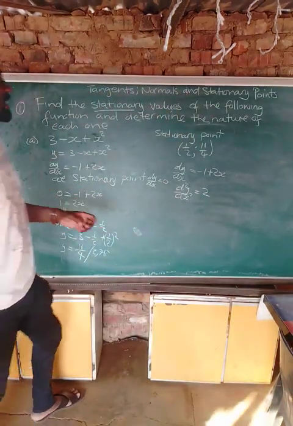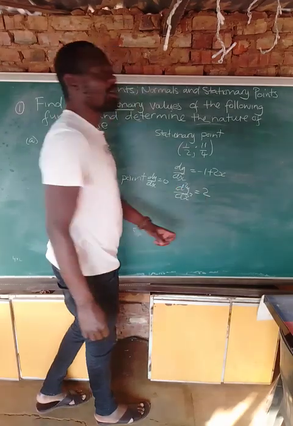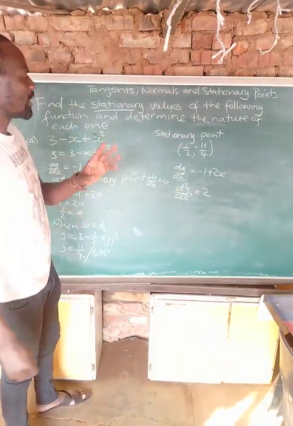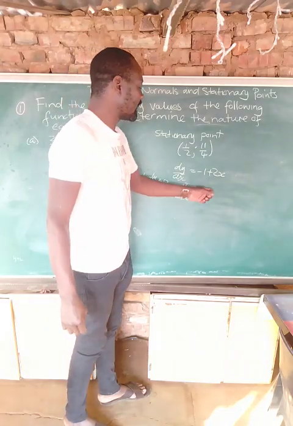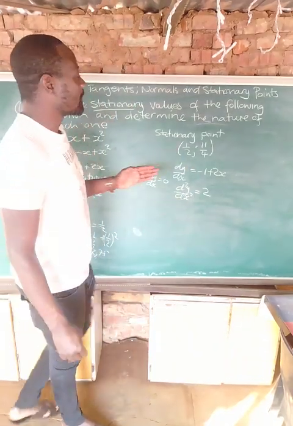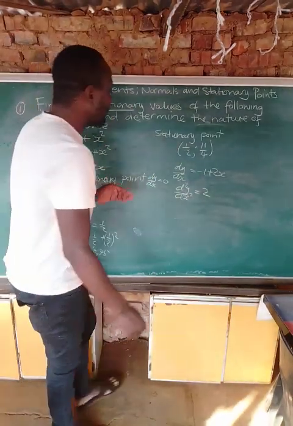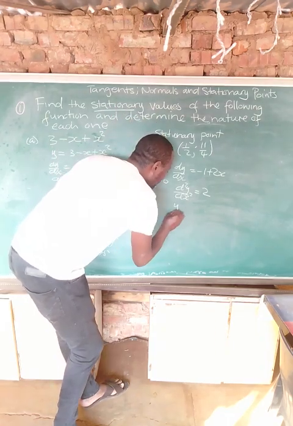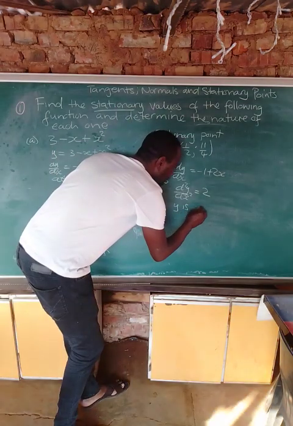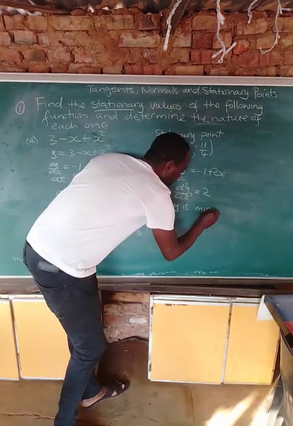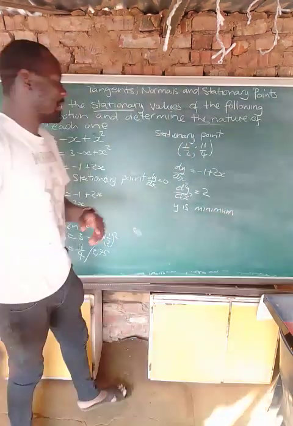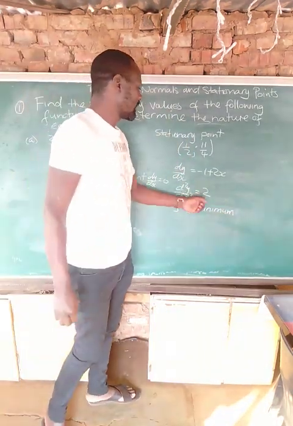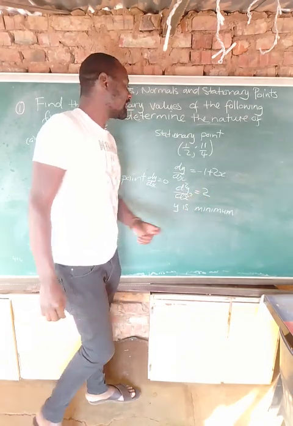As you can see, 2 is positive. So when the second derivative is positive, it means y is minimum. y is minimum. Why? Because the second derivative is positive.